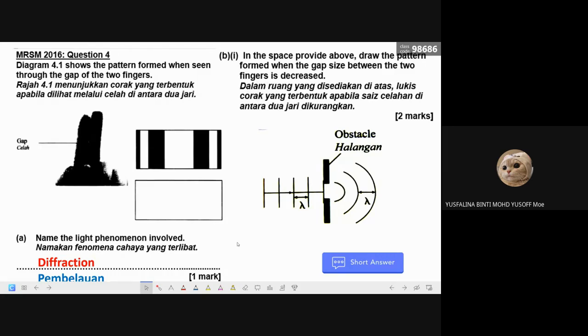Okay, so what happens if we make the slit smaller? So what happened here? What happened to the bright fringes? Does it become smaller or become bigger?